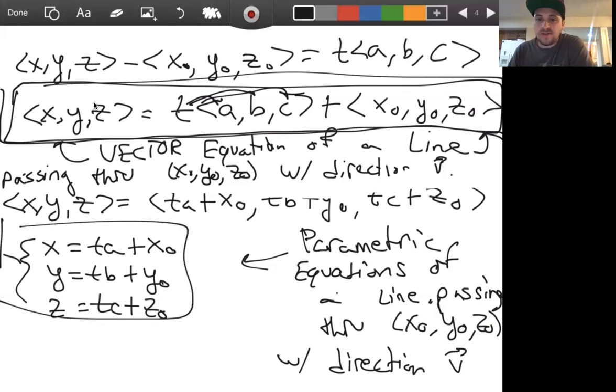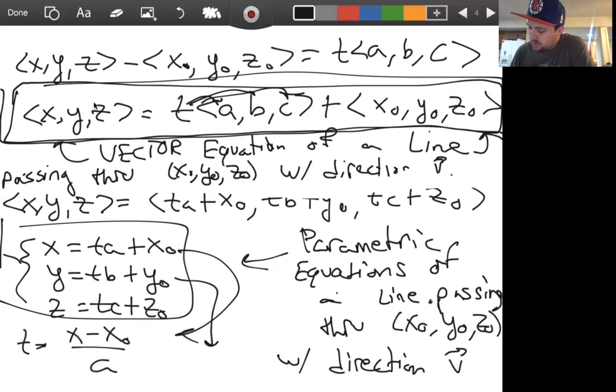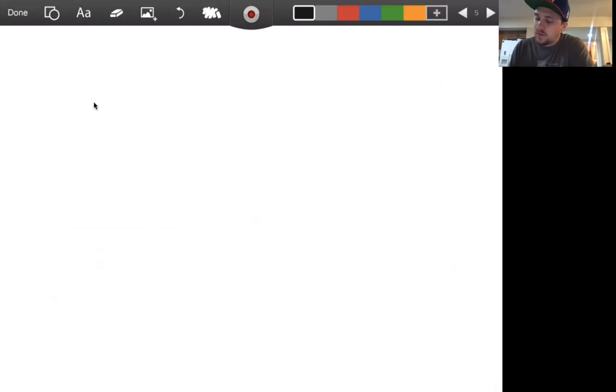There's something called the symmetric representation of an equation of a line. If you see in each equation here, we can solve for t. Solving for t in the top one would look like t equals x minus x naught over a. If we solve the second one, we get t equals y minus y naught over b. And we could do the same for z, and we would get the symmetric equations.